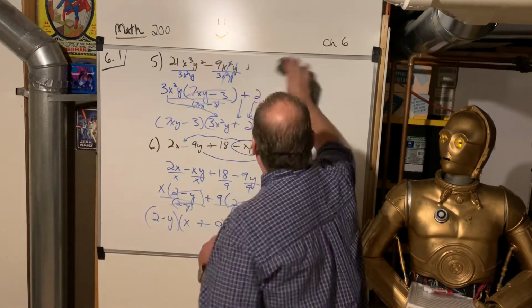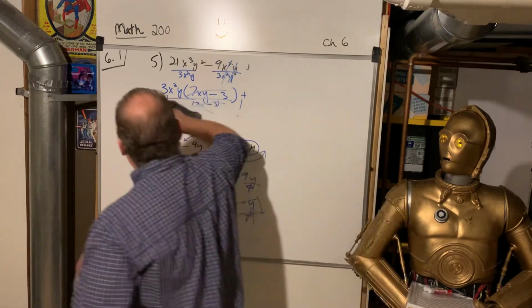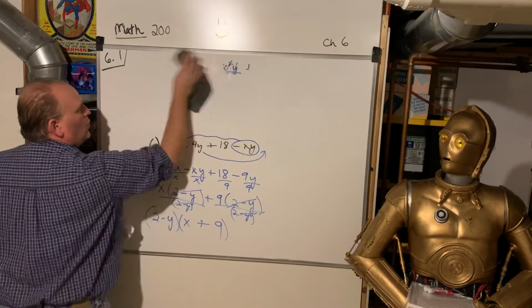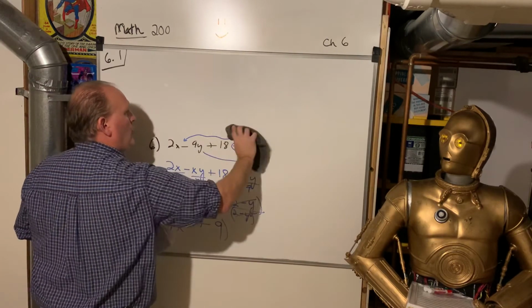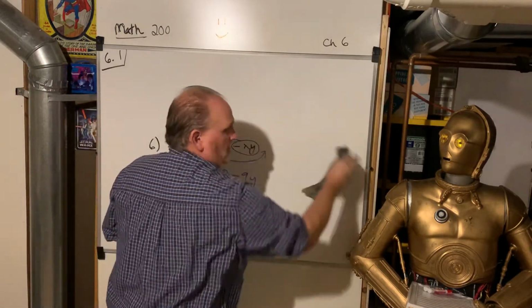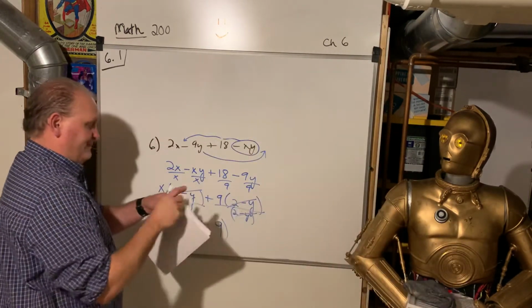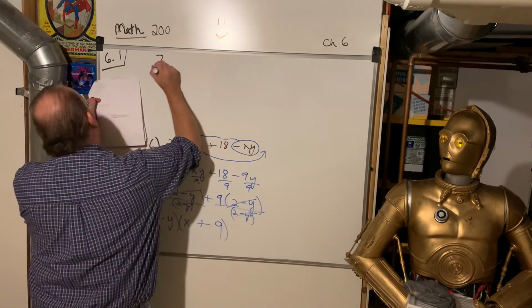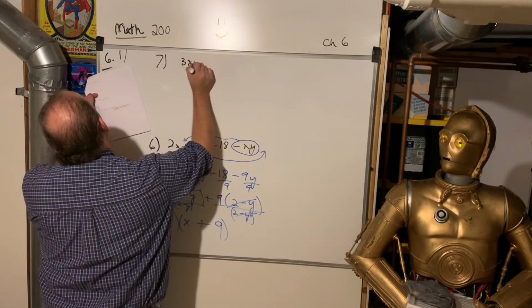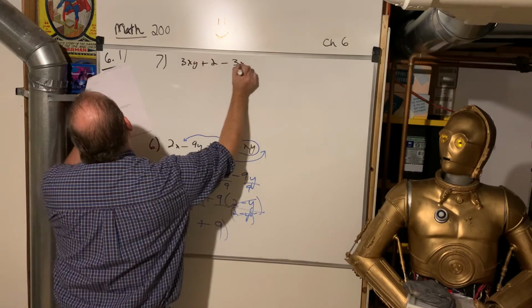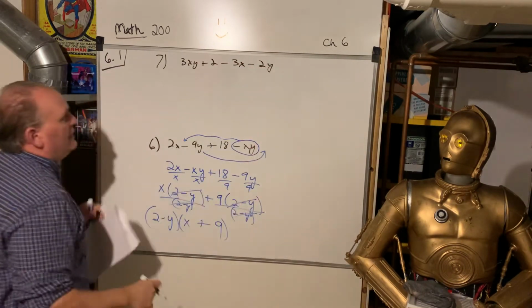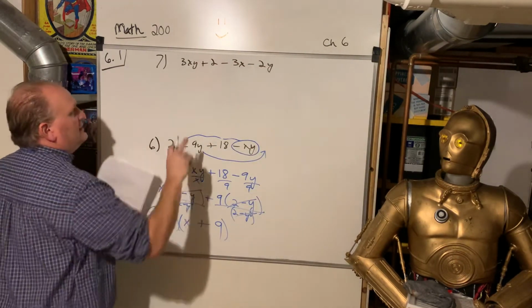And then one last one, number 7. I'll put that one up over here. 3xy plus 2 minus 3x minus 2y. Okay, so again, let's rearrange.